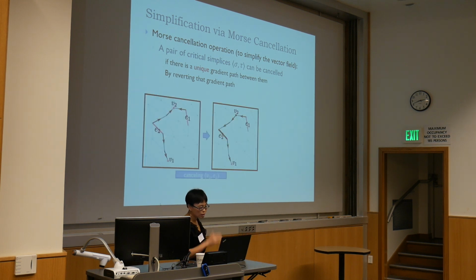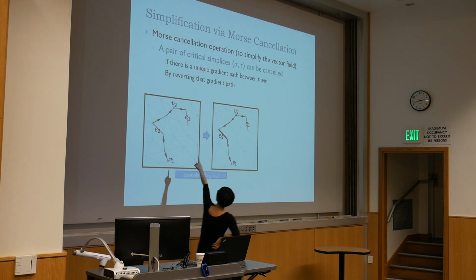Okay, what is the cancellation operation? Suppose in this case all the red ones are critical. Let's say that I have E2 and V2 critical. I didn't draw all the gradient vectors. Now between E2 and V2, there's a unique path between them. If there's a unique path between two critical simplices, to cancel both of them, what you do is simply invert the direction.